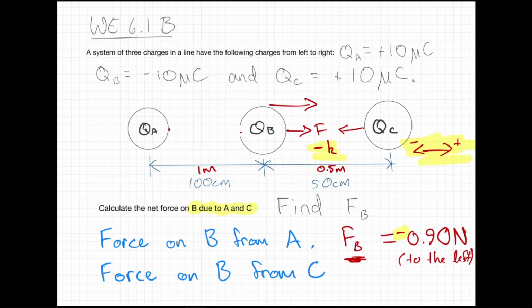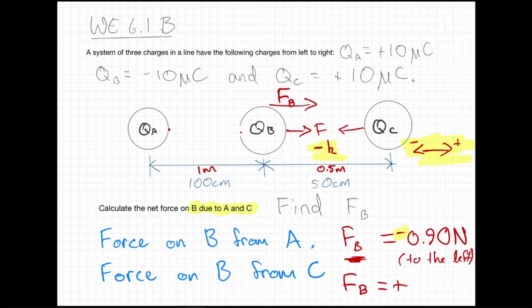We then need to say the force on B from C, that's on record, is to the right, and we set that to be positive. So when you then tell me FB equals something, you're going to give me a positive, or you're going to say it's to the right.